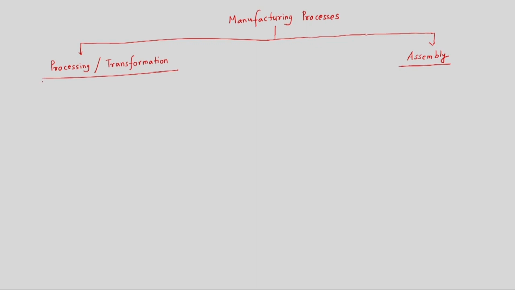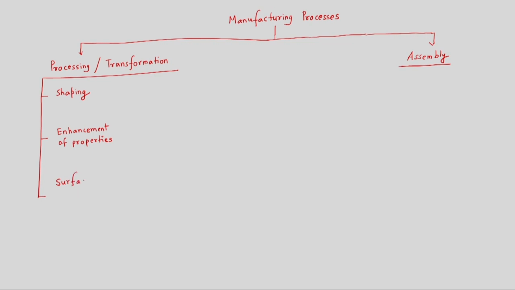In the processing or the transformation operation, again we can have various groups, that is the operations related to the shaping of raw materials, enhancement in the property of the product or the part, so enhancement of properties, so in general the material properties, and the third one is surface modifications.